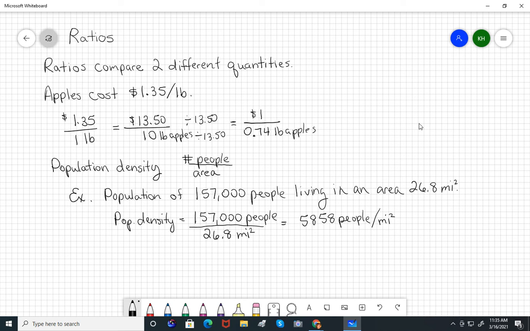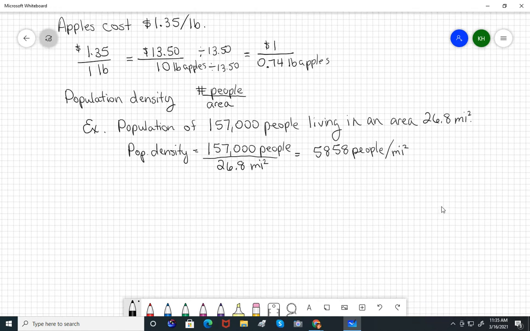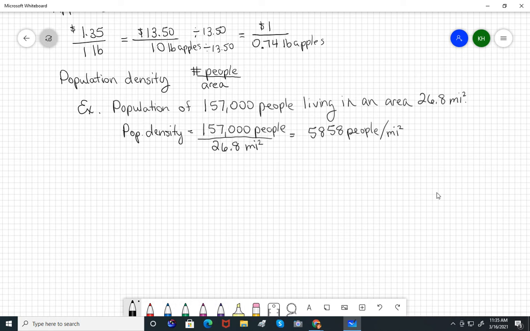There's all kinds of ratios that we might use. We talk about gas mileage in terms of a ratio. Gas mileage tells us the number of miles per gallon.